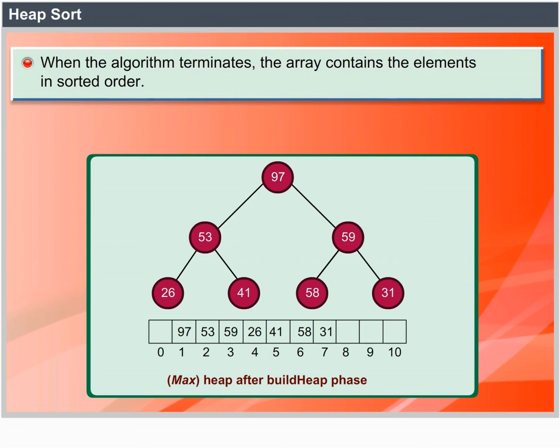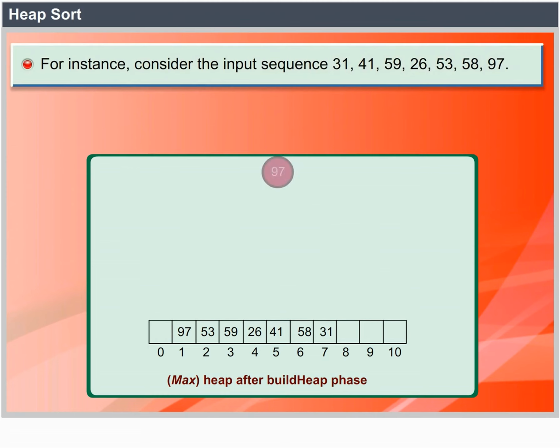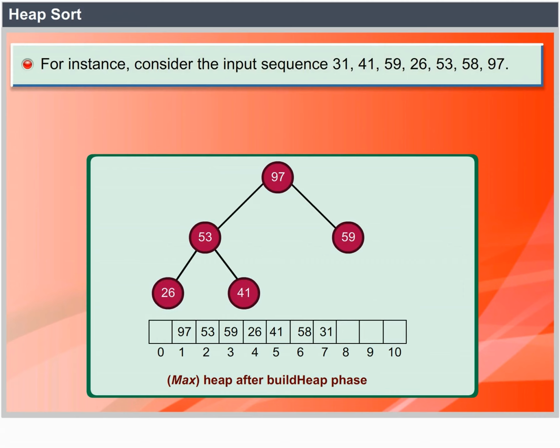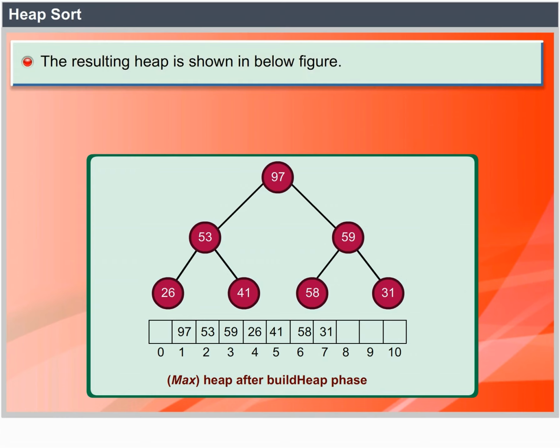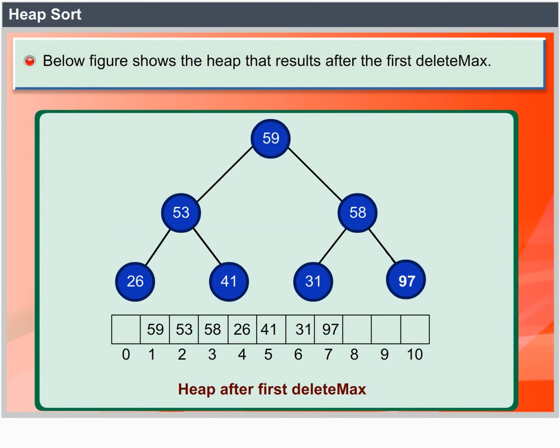For instance, consider the input sequence 31, 41, 59, 26, 53, 58, and 97. The resulting heap is shown in the below figure. The below figure shows the heap that results after the first delete max.